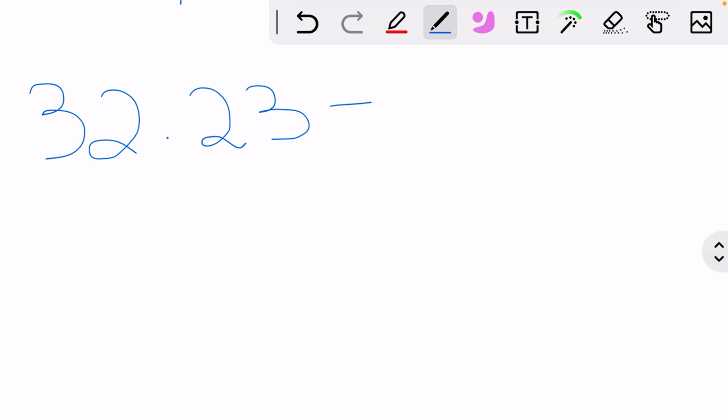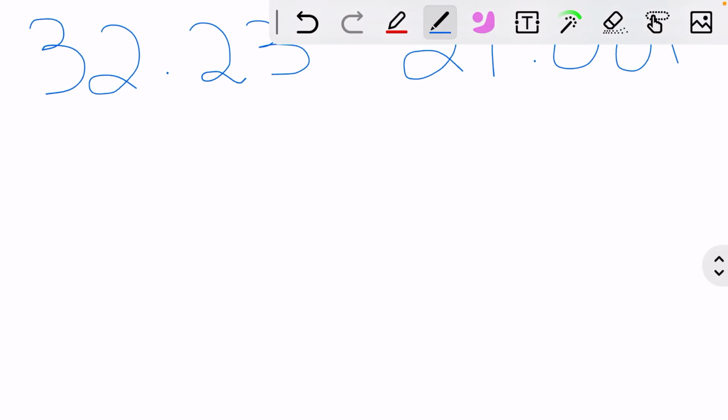We're going to subtract 21.001. So this is no different from the last problem that we just did. Let's line these up vertically, and make sure that the decimal points are right on top of each other.